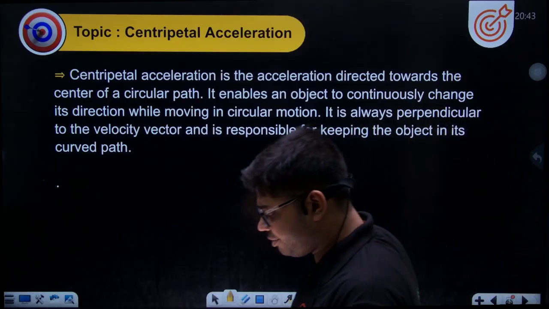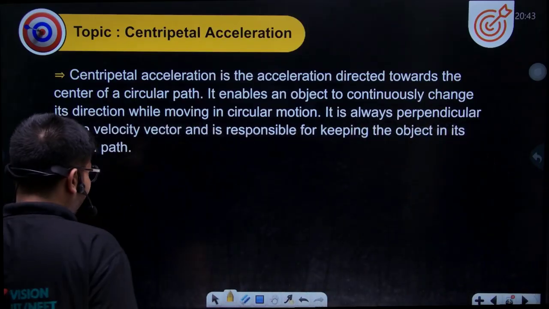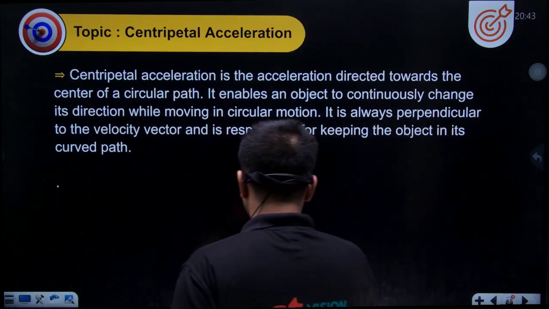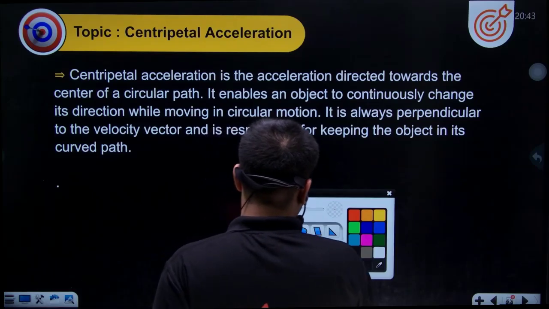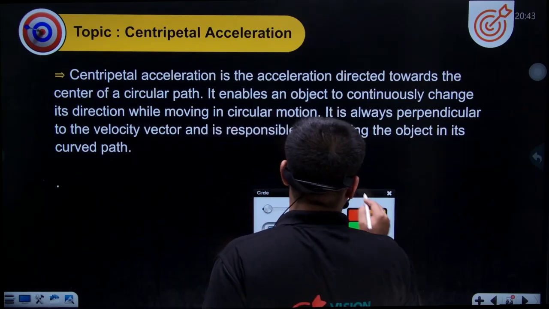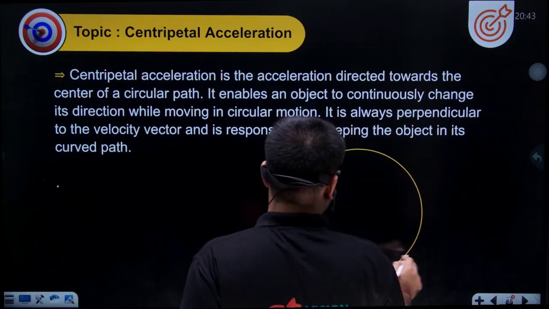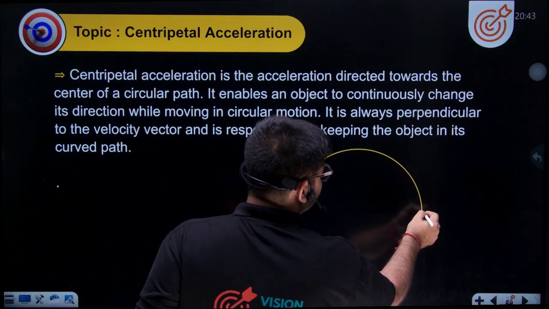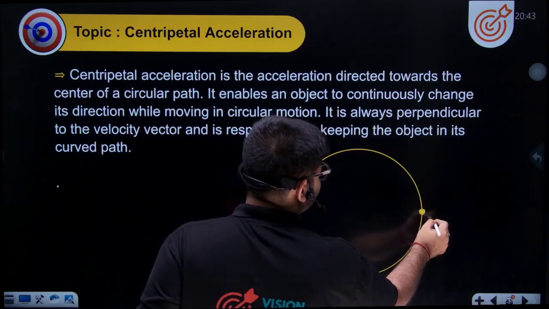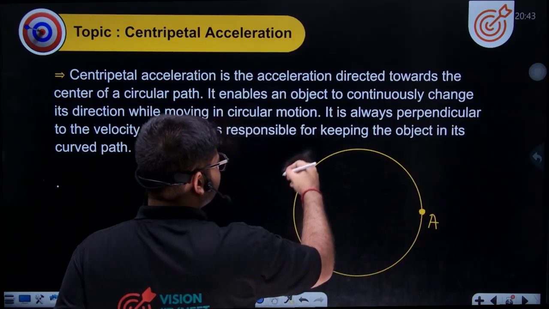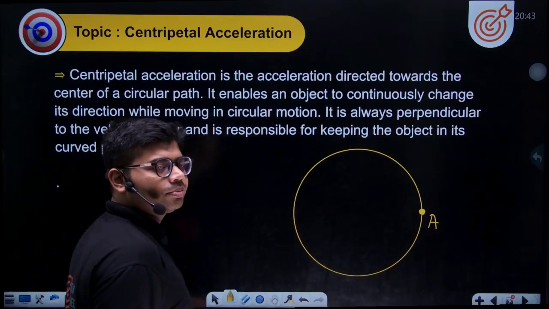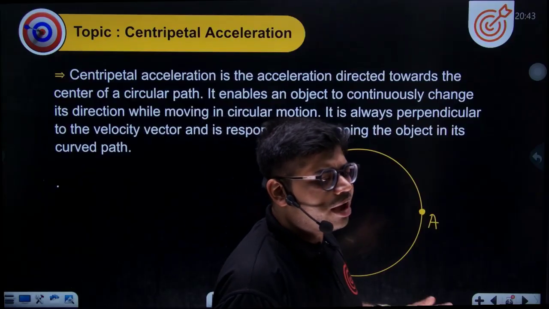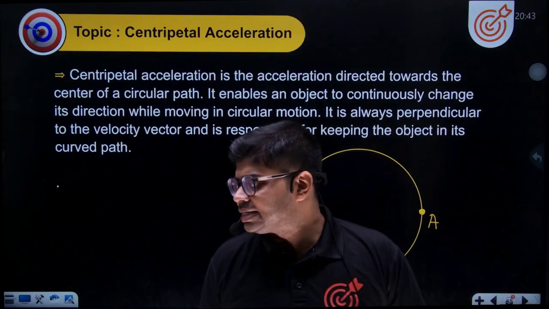Now here is a very important concept that I need to tell you. Suppose there is a circular motion taking place, and this body, body A, is revolving around this circular path. Now I will have two accelerations here.